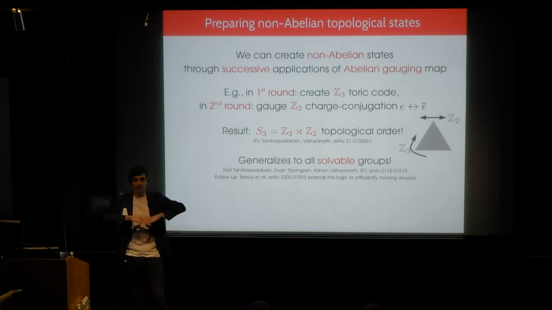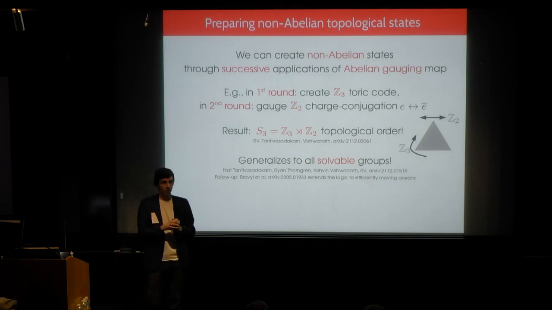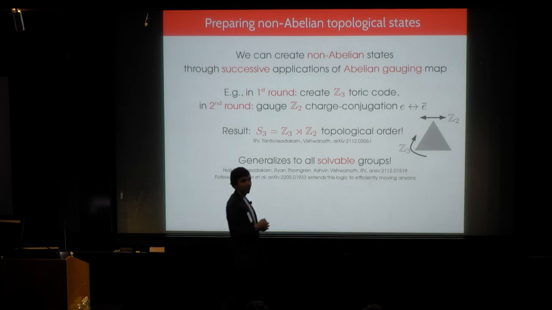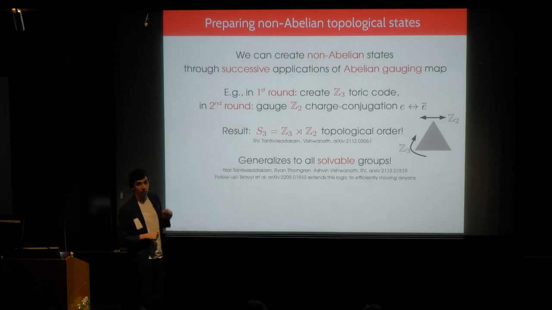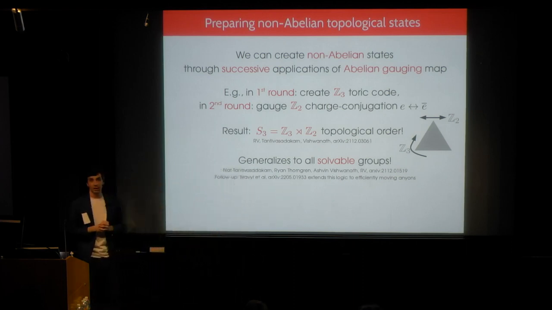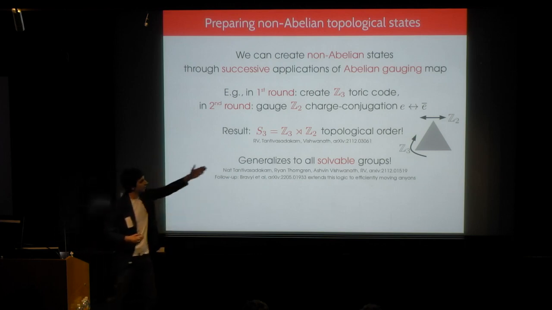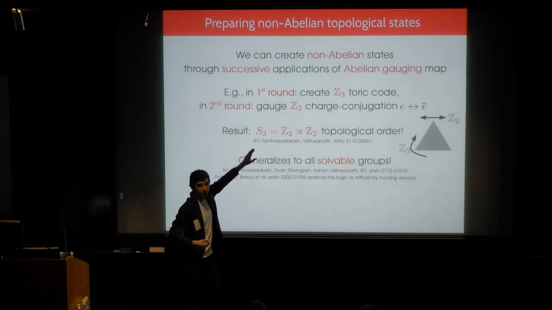The point is this state has a physical symmetry, which is charge conjugation. The emergent particles can be exchanged by a physical Z2 symmetry, charge conjugation. And now we apply the same gauging map again for this Z2 symmetry. So it's a two-step process. And it turns out, at the end of the day, you get a non-abelian gauge symmetry, S3.